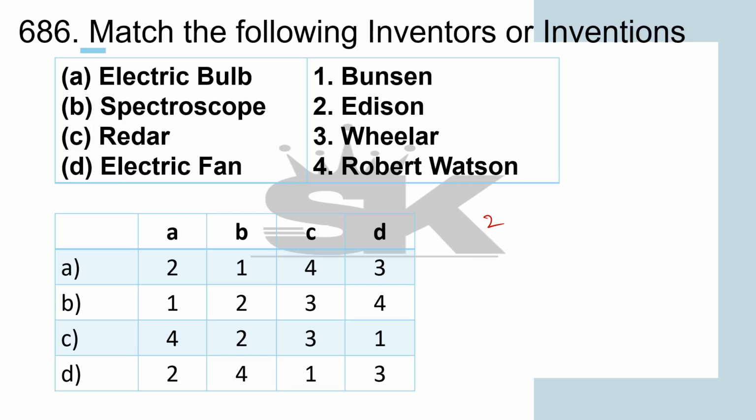Spectroscope is Bunsen, that is 1. Radar is Robert Watson, that is 4. Last one, electric fan is Wheeler. So 2143, that is option A.